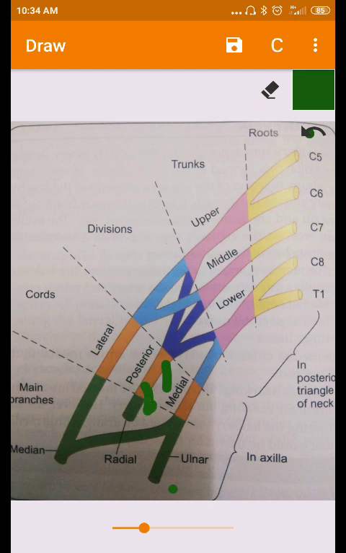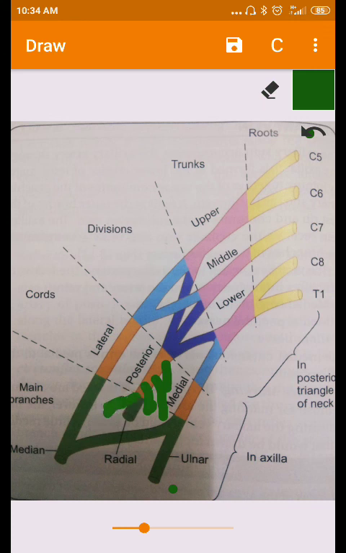Next is the nerve to latissimus dorsi, which is present in between the upper and lower subscapular nerves. And next one is the axillary nerve. So next one is NA. Actually the axillary nerve comes anteriorly, so it is present on this side.